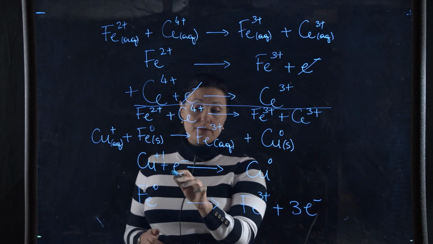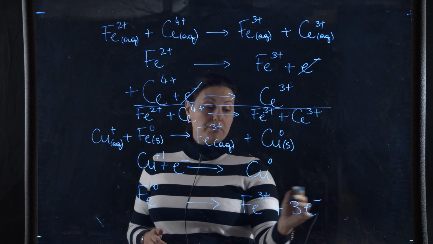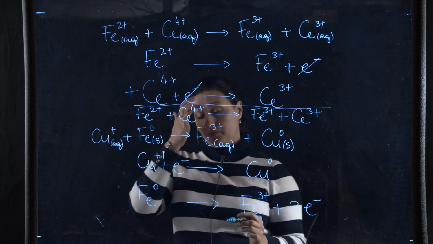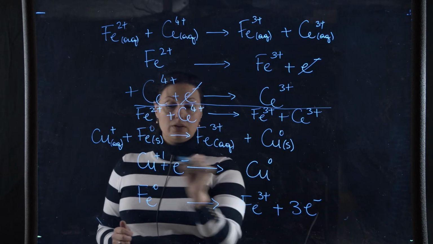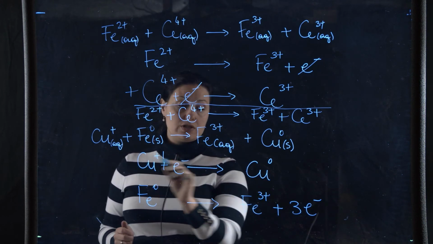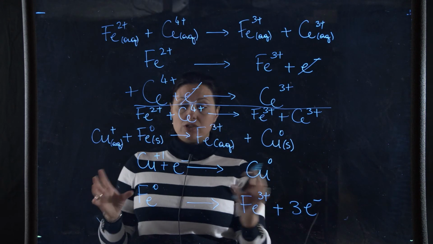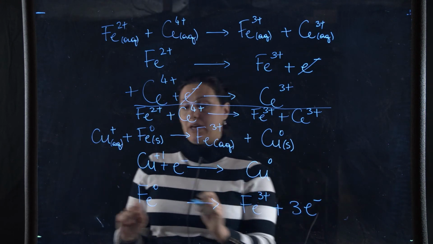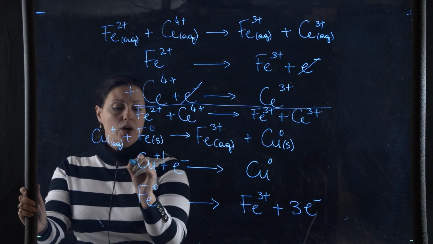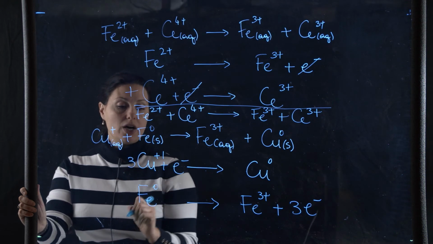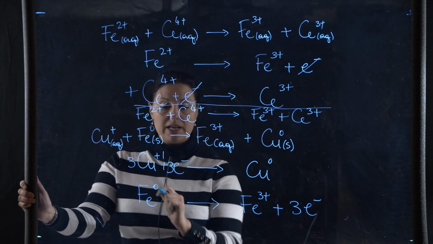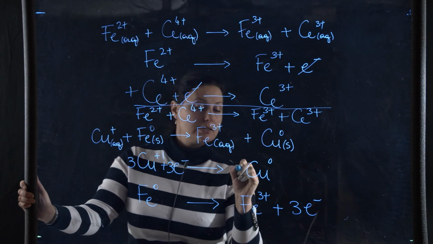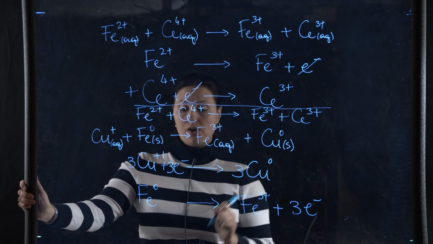I need to make this 3 so that it appears exactly the same as this one. But if I make this a 3, I have to change the molar coefficients of the whole reaction. So I have to multiply the whole reaction by 3, which means that I have 3 copper +1, 3 electrons, and 3 copper 0.